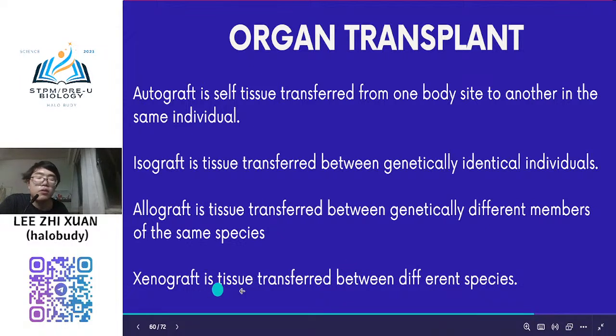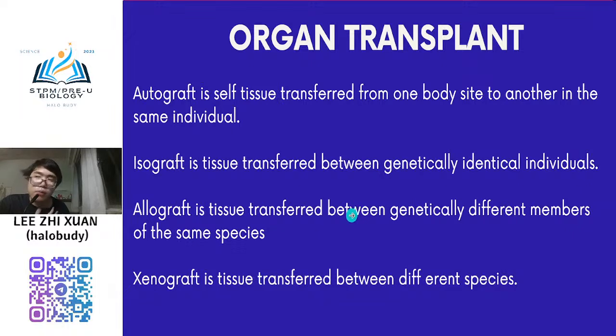It is not common yet to the public. There are also many ethical problems. Not every country and not every religion can accept this kind of transplant. But allograft is what is well developed nowadays.